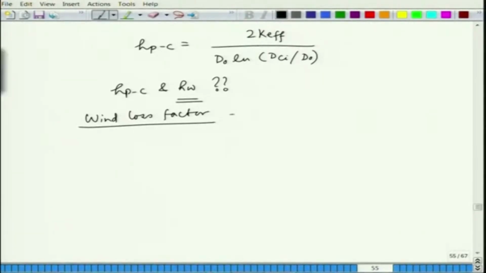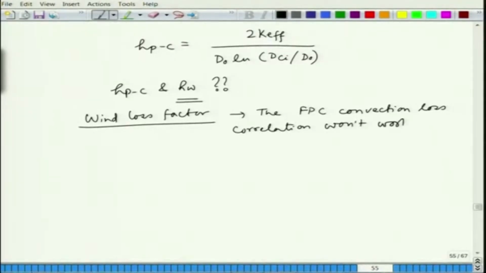So, wind loss factor, how to get that? Again, the flat plate collector convection loss correlations won't work here, right, because the geometry is different and all the correlations are strictly or critically dependent on the geometry. So, that is why you need to be careful about using which correlation you are using and where.